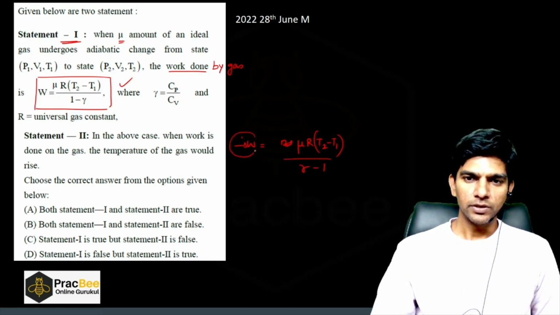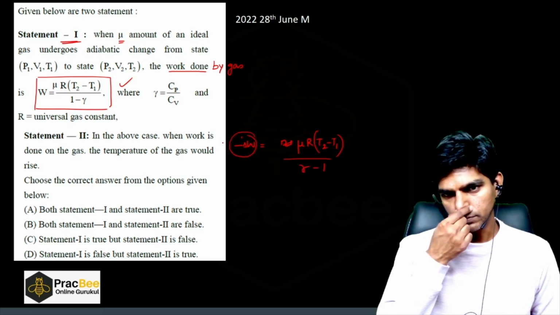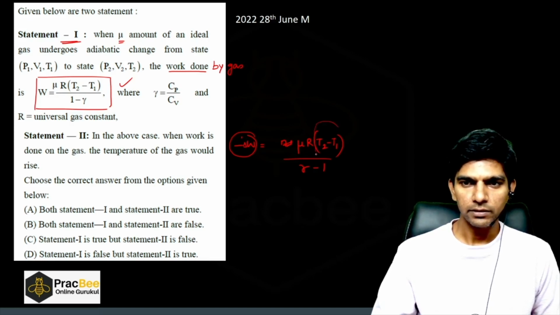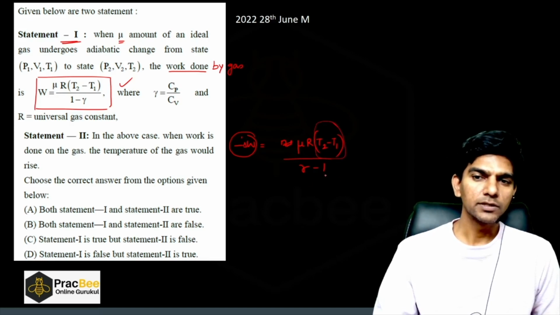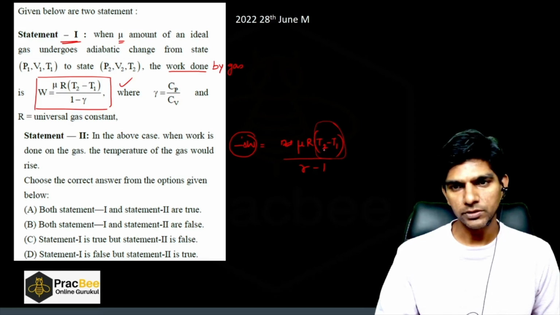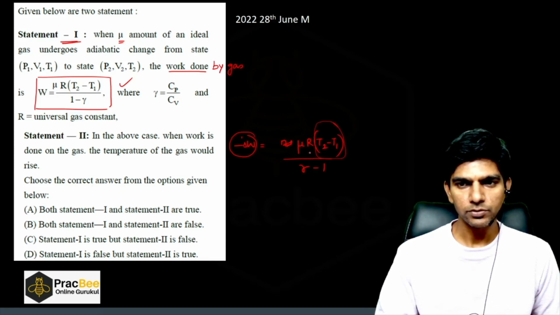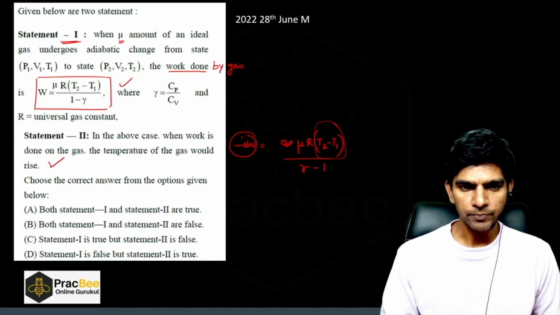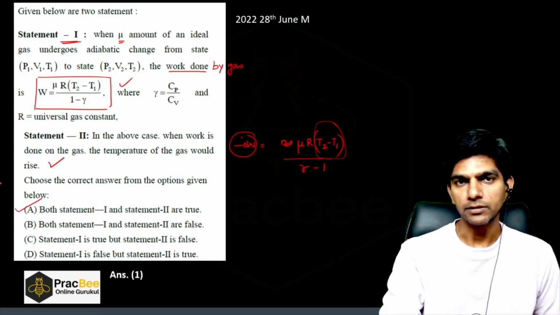Now if there is work done on the gas, this value is positive, and we can clearly see that the temperature will also increase because gamma minus 1 is positive. So if the left hand side is positive, the right hand side has to be positive, so T2 minus T1 will be positive. So delta T is greater than 0. So the temperature of the gas would rise. So statement 2 is again correct. So we can say statement 1 and statement 2 both are correct. So option A is the right answer.